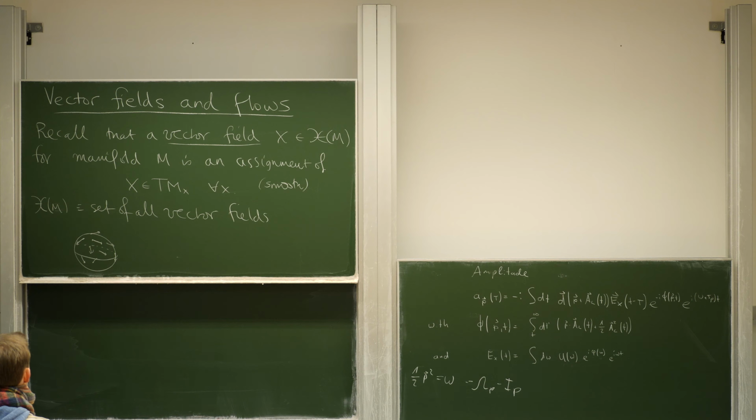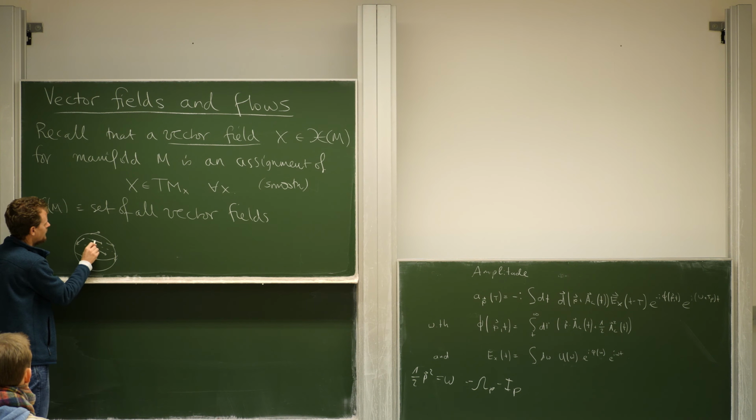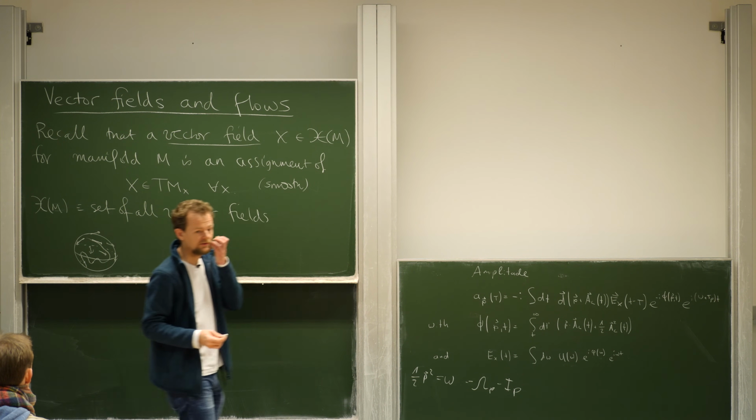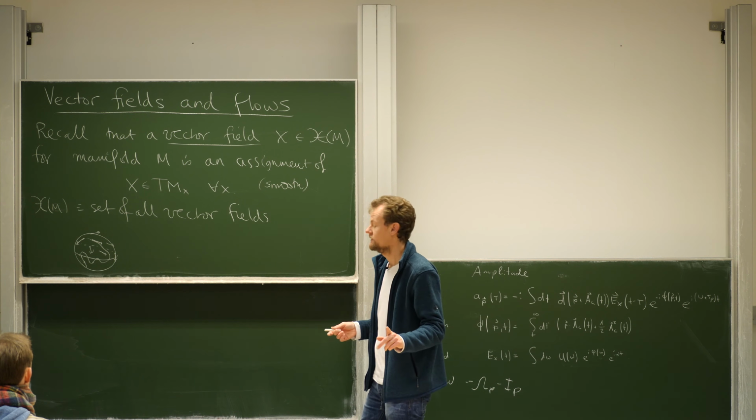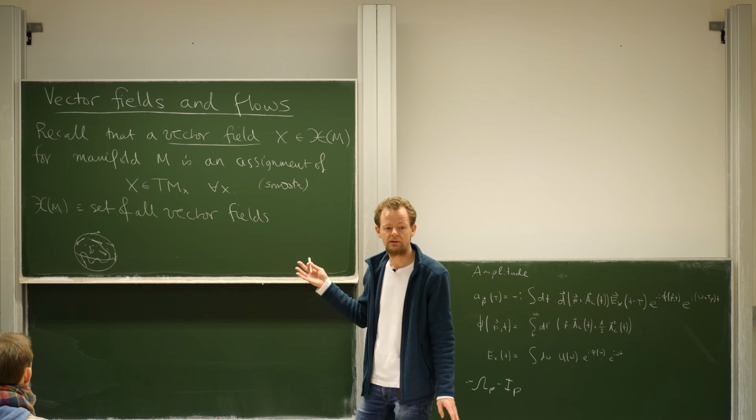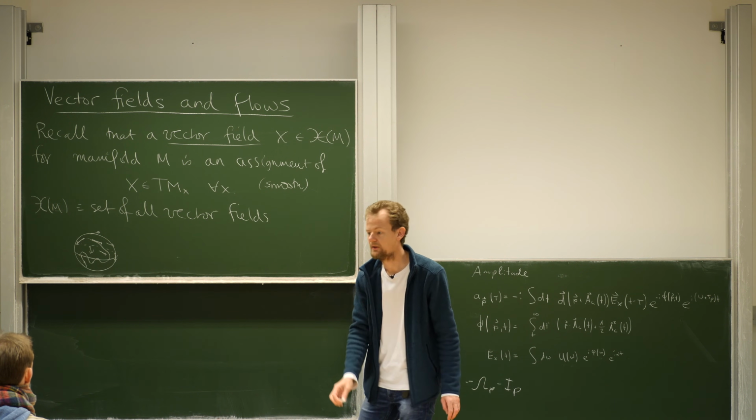You could imagine that there's a curve that goes through and is exactly tangent to all the vectors along this curve's trajectory. Such a curve is called an integral curve, and it plays a very important role in Hamilton's equations, Hamiltonian dynamics.